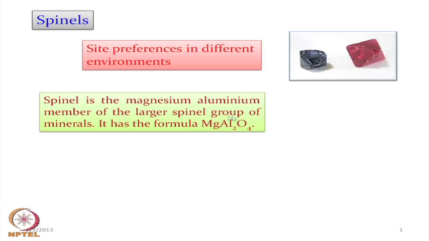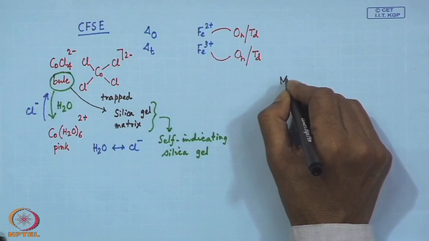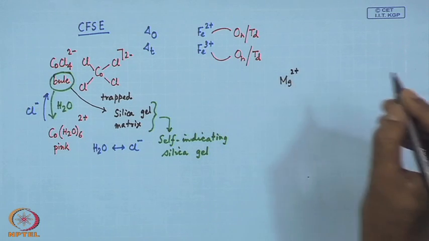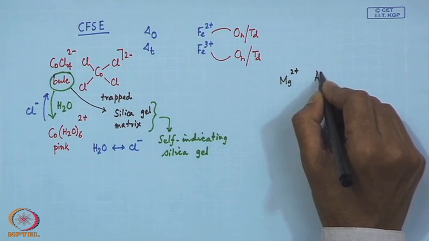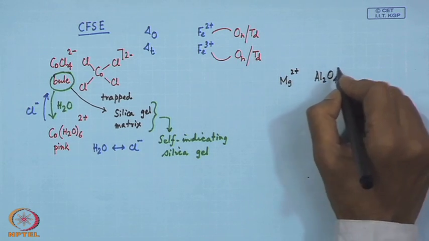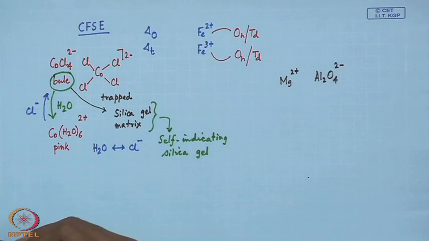So, this is a huge class of molecules where this particular state it is the corresponding magnesium aluminum oxide. So, this particular species is 1 Mg, 2 aluminum and O4 like that of our Fe3O4. So, this magnesium aluminate what we can consider over here, because the magnesium is 2 plus and our Al2O4 network is 2 minus.